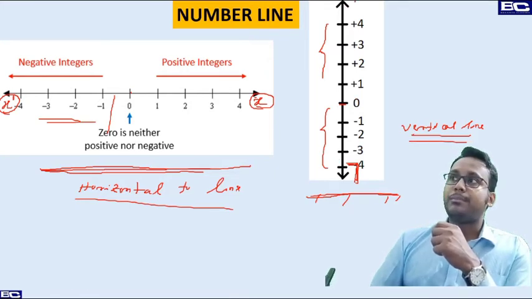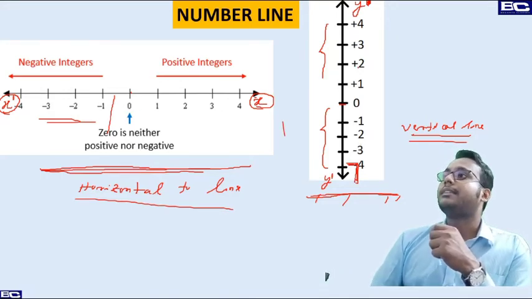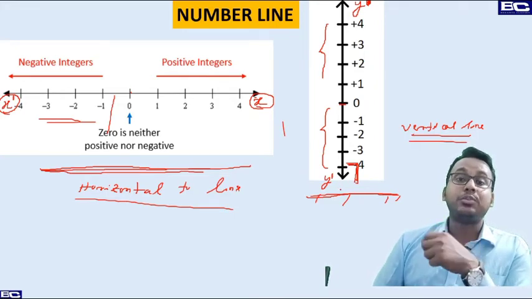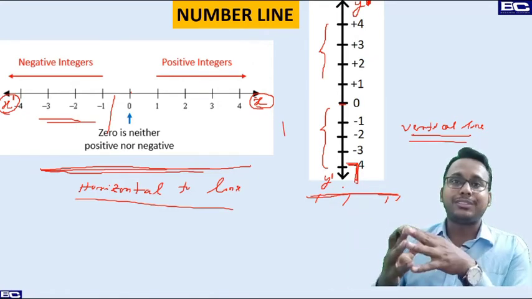The positive end of the vertical number line is named y, and the negative end is named y dash. Here it was x and x dash, similarly here it is y and y dash. Why not p dash and q dash? Why not like this?